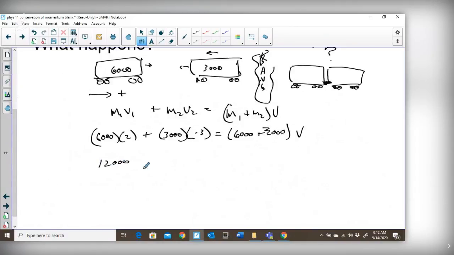So here we have 12,000 kilogram meters per second plus a -9,000 kilogram meters per second, and that's equal to 9,000 kilograms times our velocity.